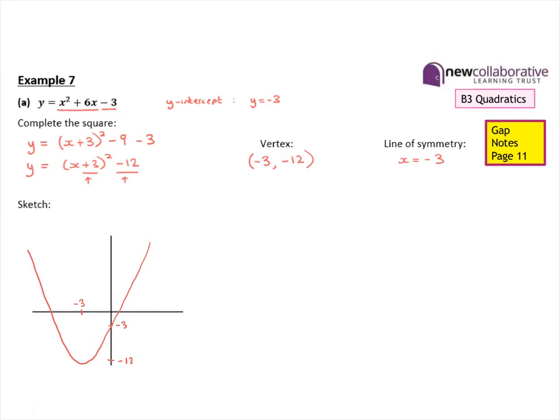The only thing missing from that sketch are the roots of the function, and we could calculate those. In this case we would use the quadratic formula, and that would generate the roots, and you're going to get x equals negative 3 plus 2 root 3, and x equals negative 3 take away 2 root 3.